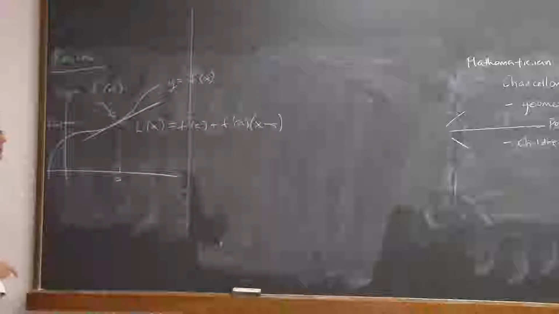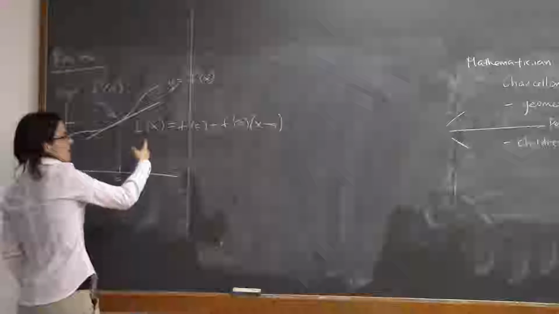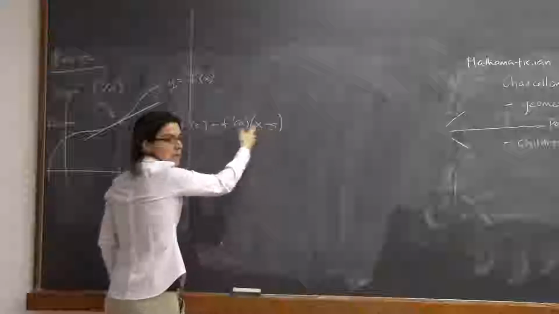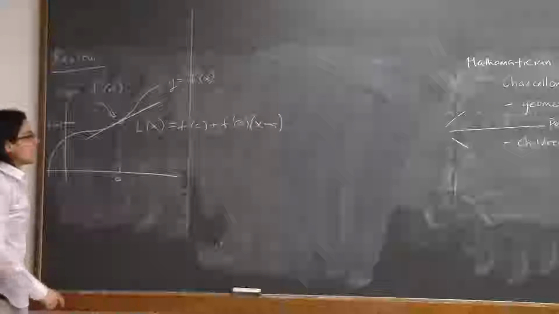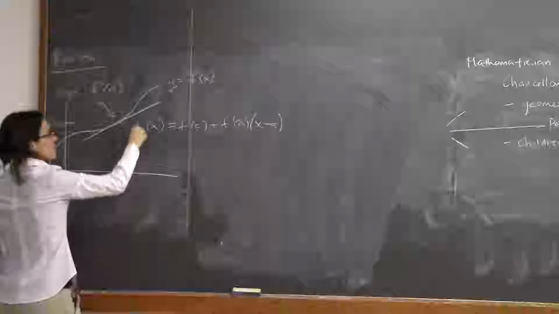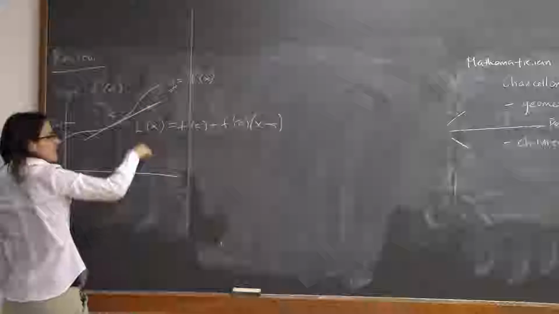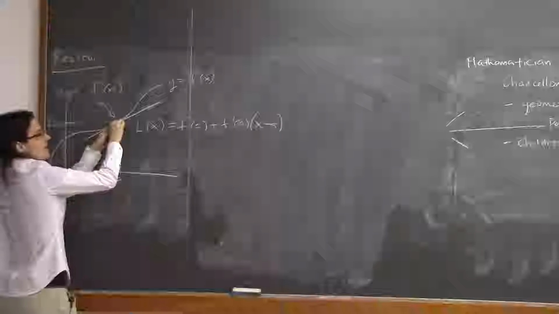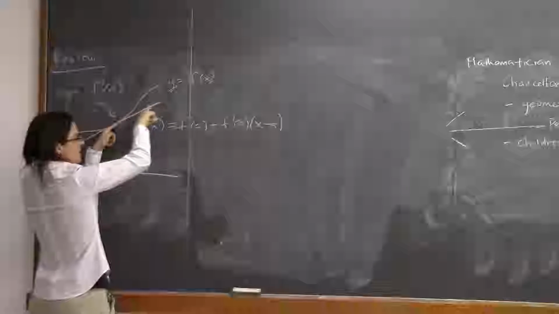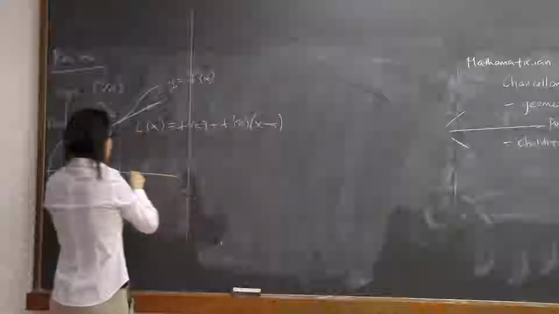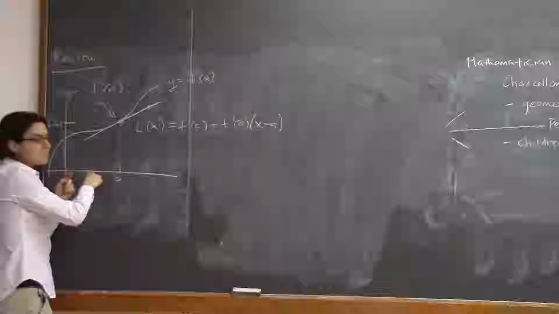This is like point slope form. You have like y minus y1 equals m times x minus x1. But I put the y1 on the other side. And I like it in this form because it says what I just said. The value of the line at any time, the y value of it, is the y value you start with, f of a, plus the slope of the line times how far you are away from a. And this might be positive or it might be negative depending on which side you are on.